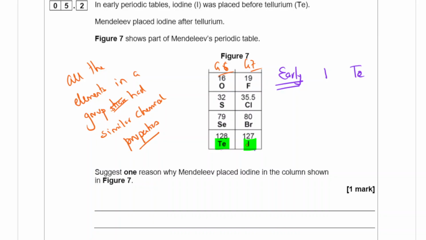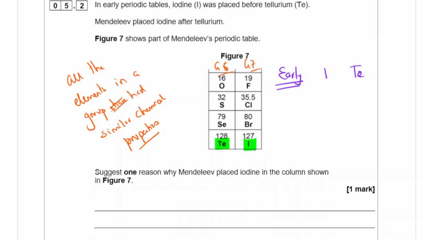Fluorine also reacts with, they all react with metals as well in different ways. Meaning fluorine can react really strongly, more than bromine, but tellurium doesn't actually fit that pattern. So that's why he actually swapped it, because fluorine, chlorine, bromine, and iodine all react in a similar way to each other, right?